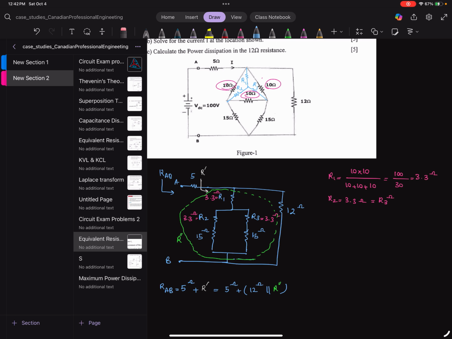Then we have again 5 ohm plus 12 ohm in parallel with R double prime, and R double prime is R1 in series with R2 plus 15 ohm in parallel with R3 plus 15 ohm.